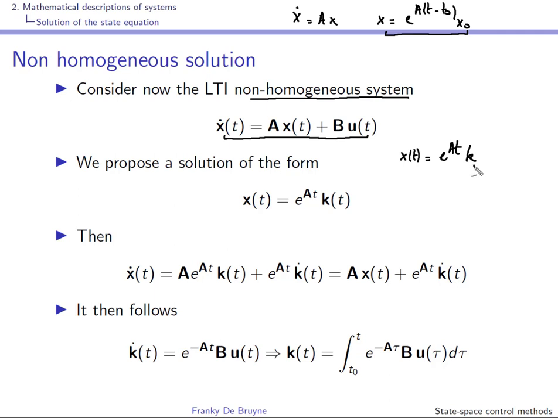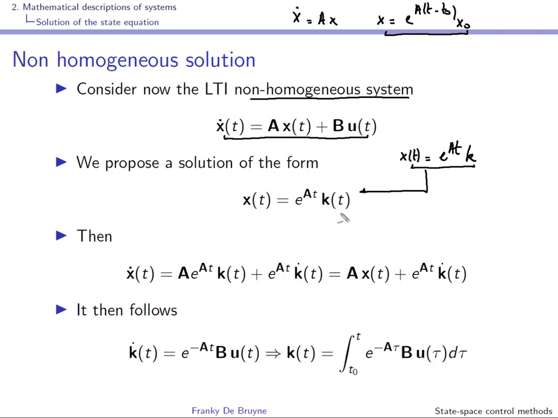And if we use the method of variation of a constant, this is the solution that we propose for a particular solution, at least, of the non-homogeneous system. Okay, so you remember that the non-homogeneous system will have as solution the solution of the homogeneous system plus a particular solution of the non-homogeneous system. So what we'll do now is find this particular solution of the non-homogeneous system.